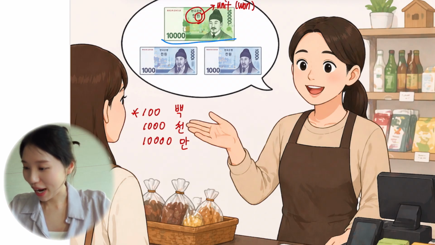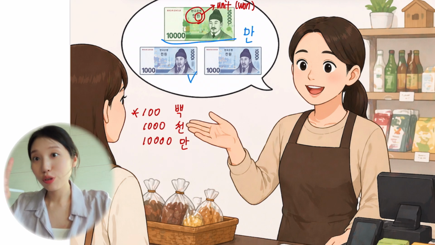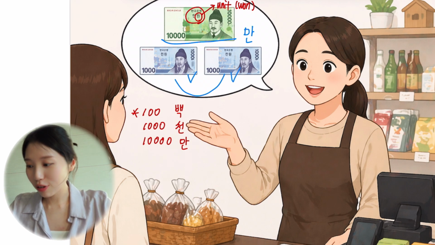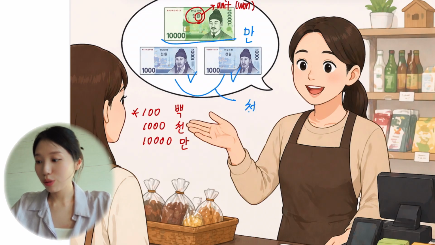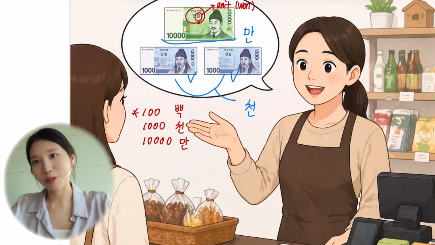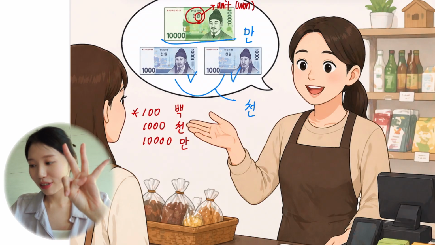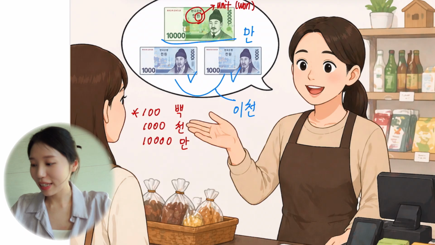It was 만 and thousand, but there are two thousands. Thousand separately is 천 and there are two. So just add a Sino-Korean number 2 before thousand. So total is 12,000.